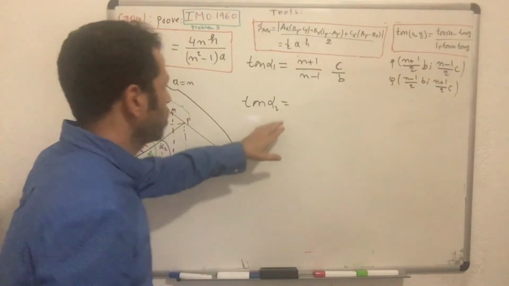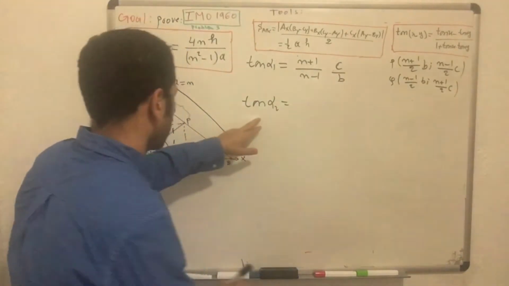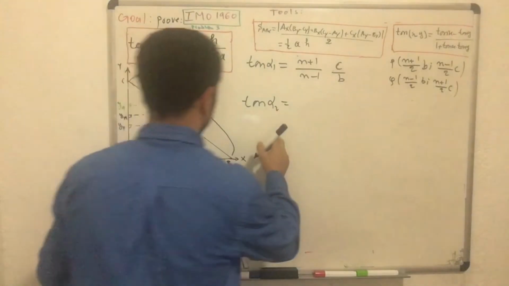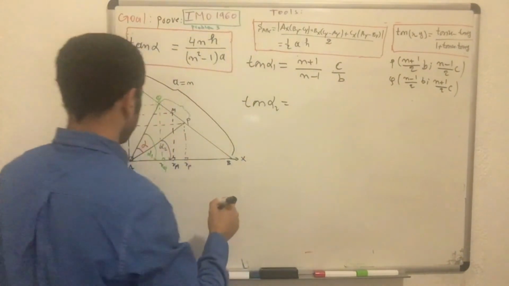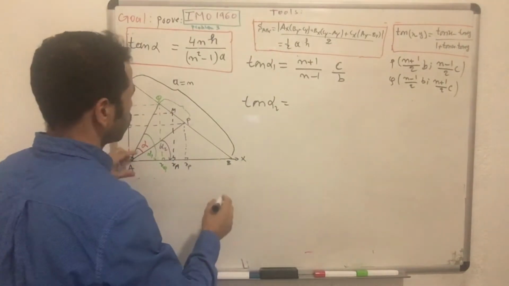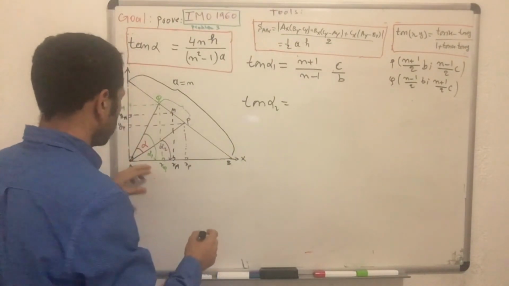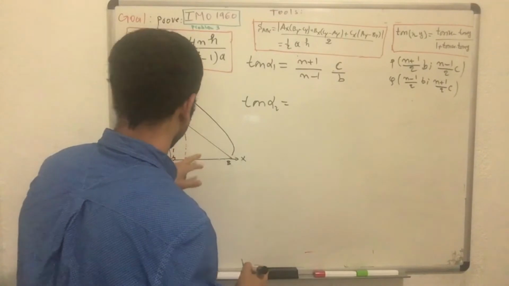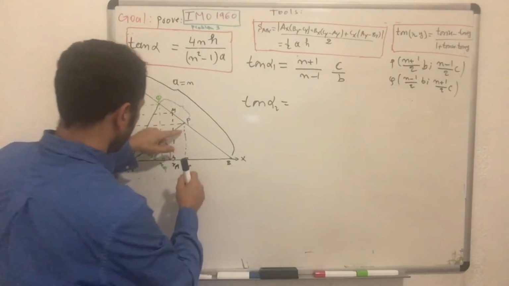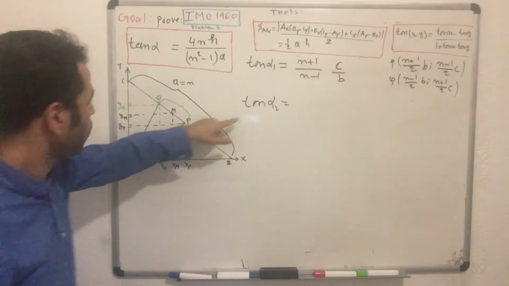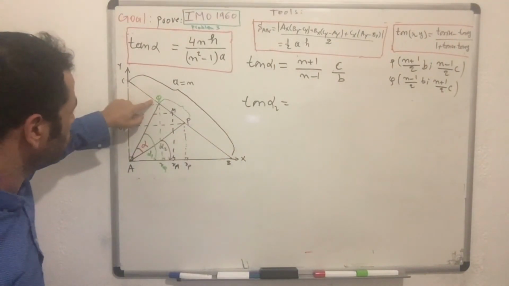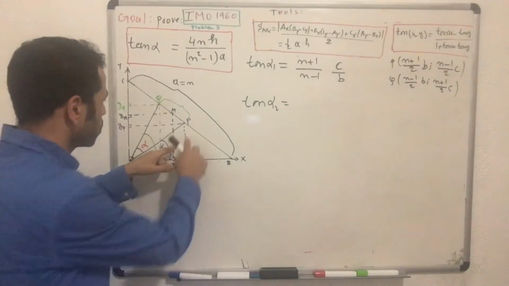It will be the same thing. So tangent alpha 2, same way, equals slope, that means change in y over change in x, okay? Alpha 2 is determined by the point P. Alpha 1 is determined by the point Q, okay?